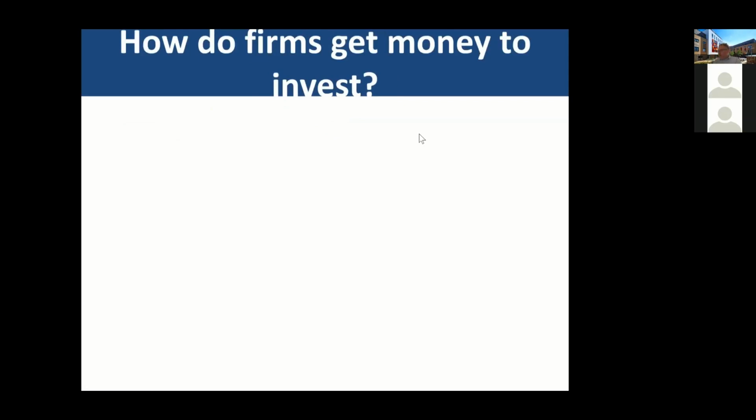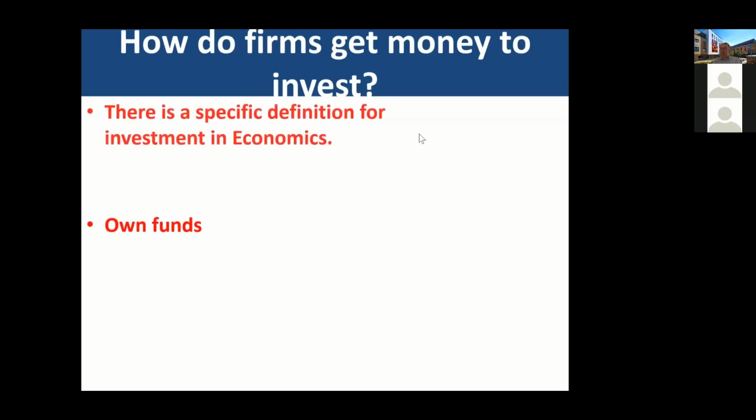So remember we said one of the functions of financial markets was providing a platform whereby economic agents such as firms and businesses can get money to invest. How do firms get money to invest?